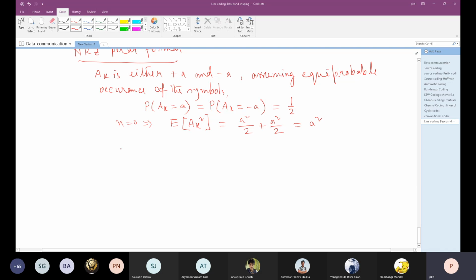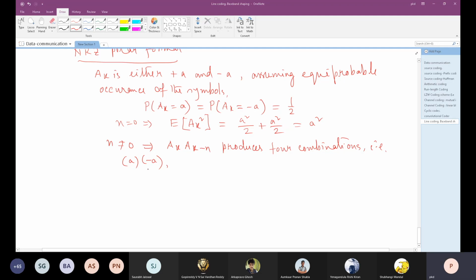And for n not equal to 0, in that case we have A_k times A_(k-n). That produces 4 combinations. The symbols 0 and 1 can occur like 00, 01, 10, 11.